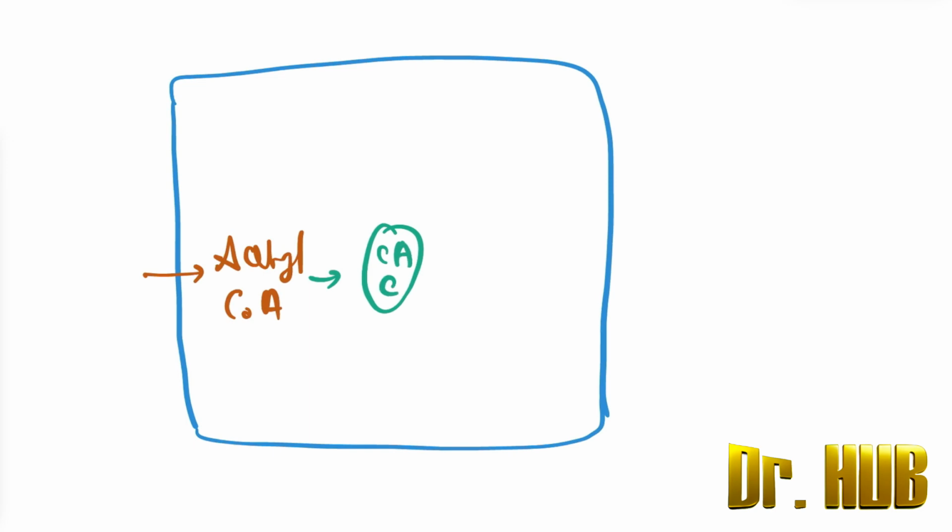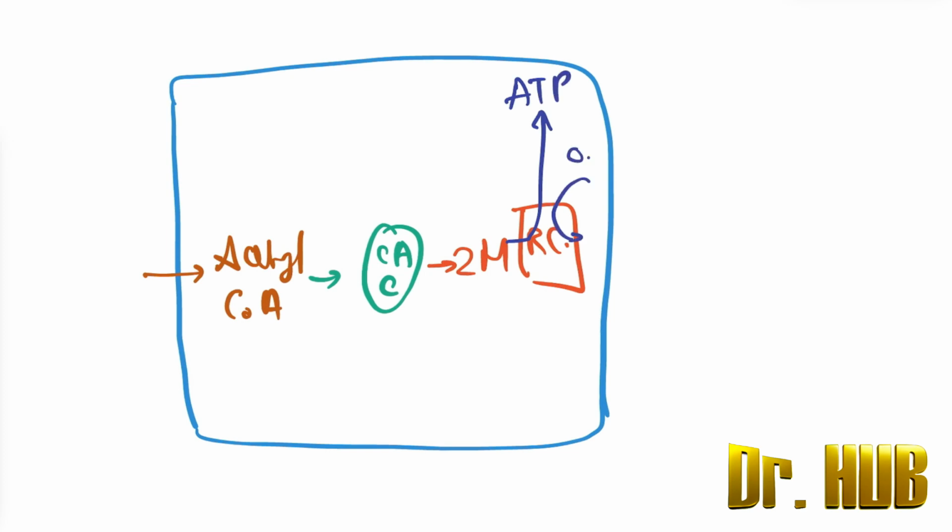We're writing it as CAC, and it leads to 2H, which enters the respiratory chain. In the respiratory chain there are some equations: the 2H leads to formation of ATP, and then there's addition of oxygen leading to H2O. The respiratory chain also gives rise to ADP.